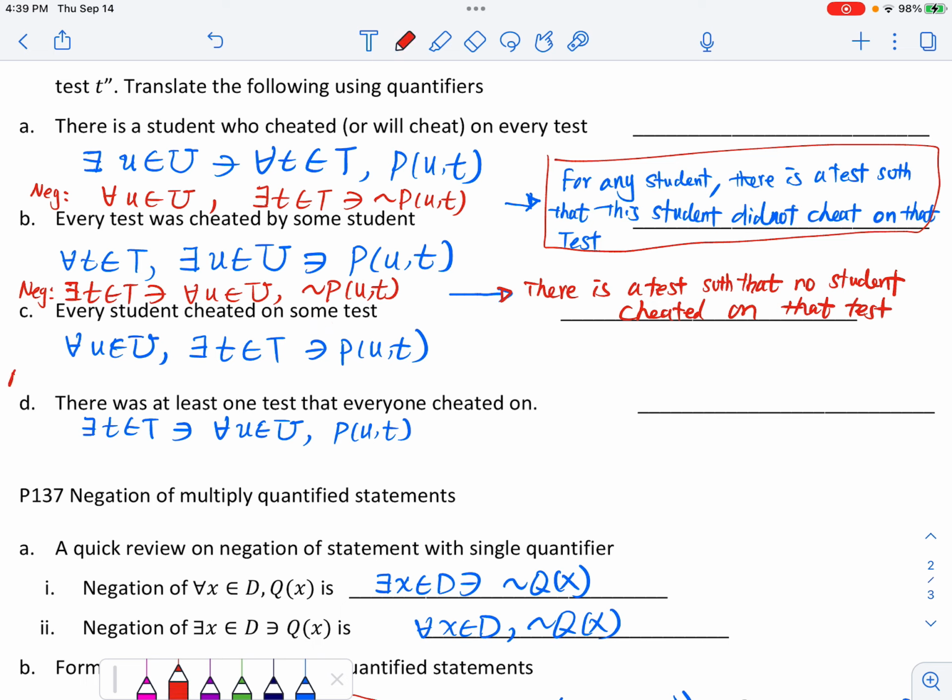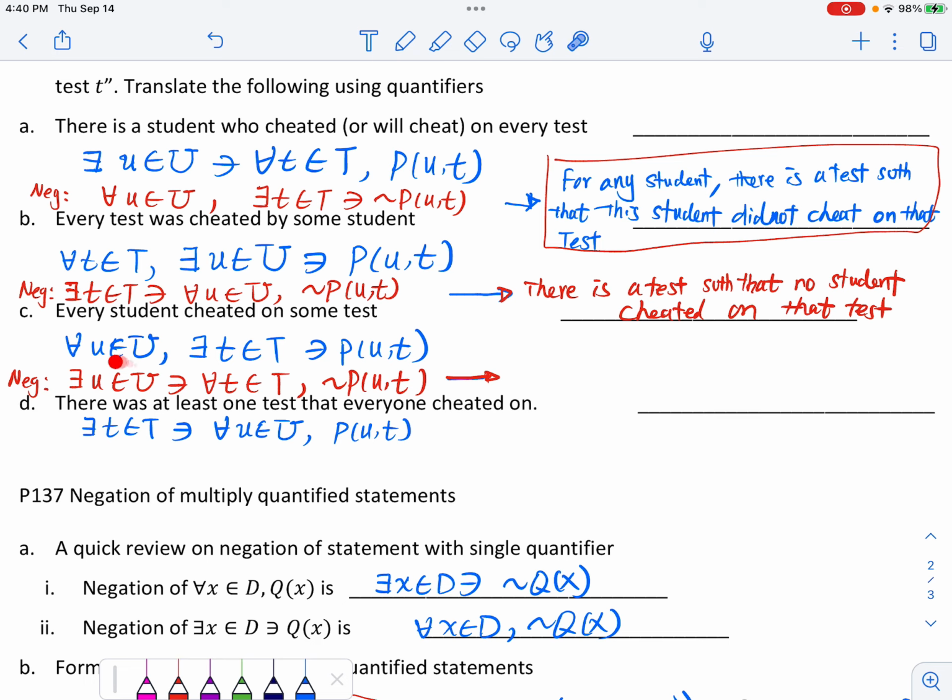The negation for this one will be there exists u in U such that for all t in T, not P of (u, t). I believe that after you do a few negations, you become very proficient at negating the symbolic form. Now let's rewrite that into a regular statement. So you're able to find a student.